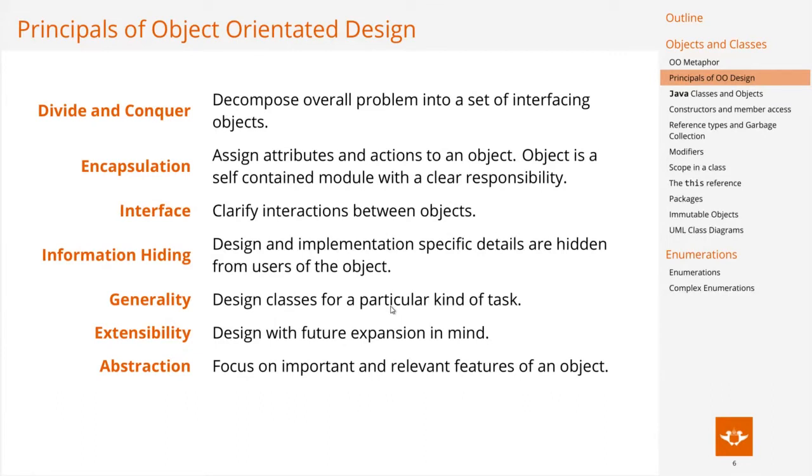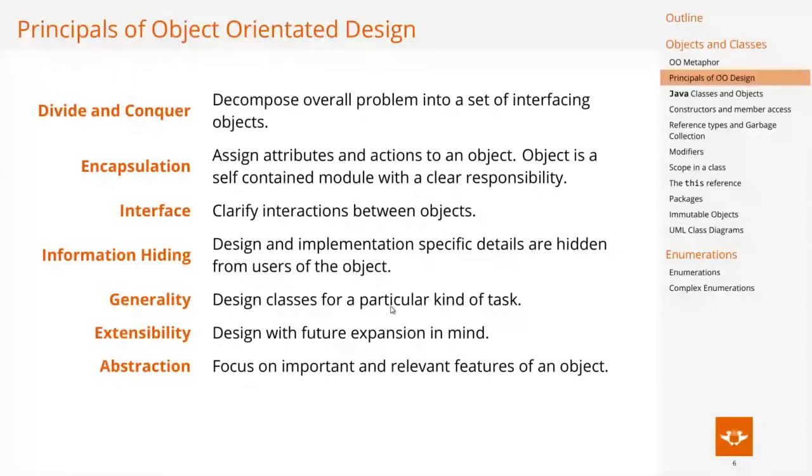Encapsulation, we're putting attributes and actions of a specific object into a single class. For example, having student information and things that manipulate the data of a student, we're going to put both into a student class, because the data and the modification of those attributes should belong together.